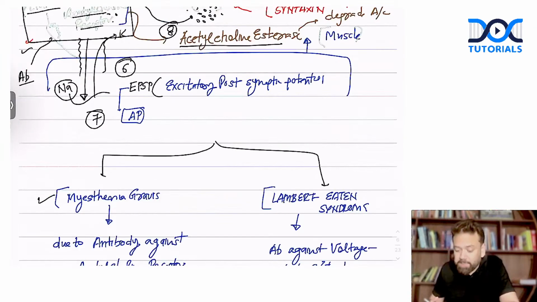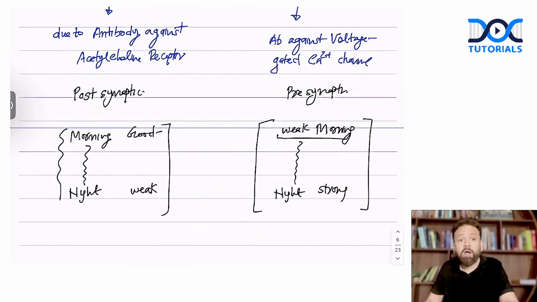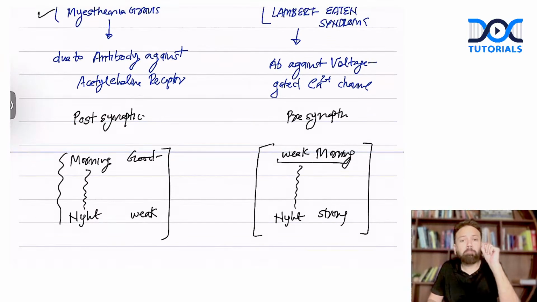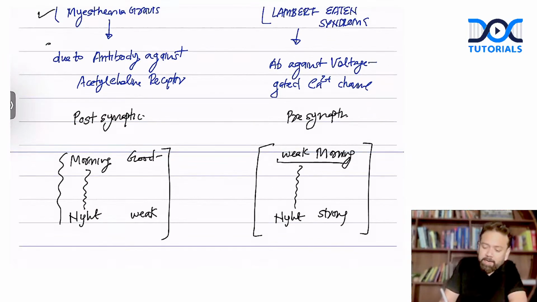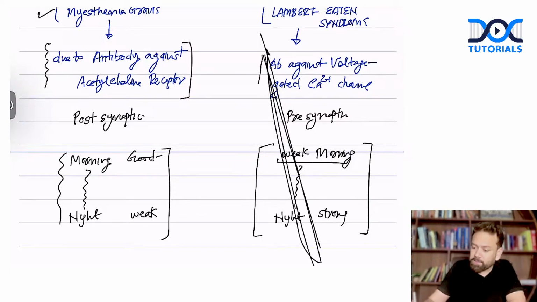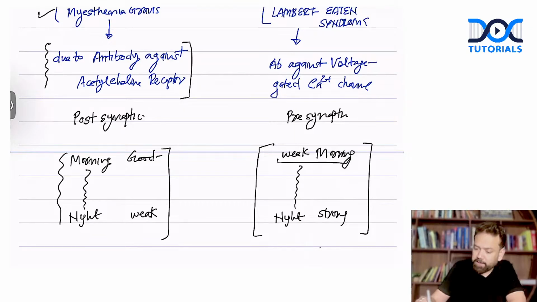Please understand, this is a very important point for how in the exam you need to differentiate between myasthenia gravis and Lambert-Eaton syndrome. Myasthenia gravis is due to antibody against acetylcholine receptor. Lambert-Eaton is antibody against voltage gated calcium channel.